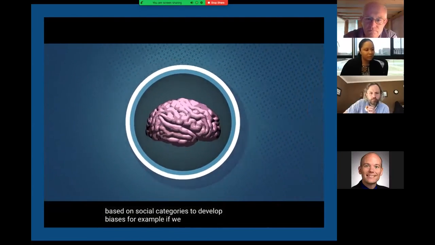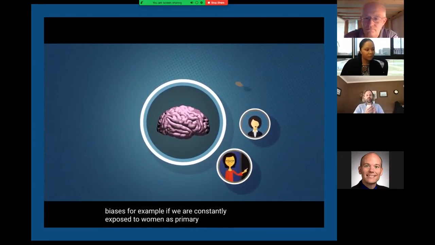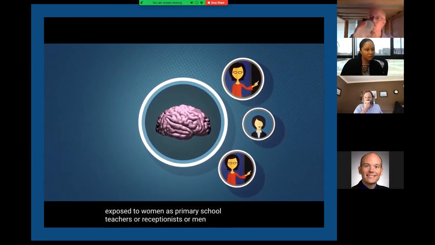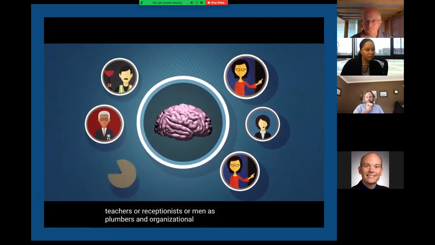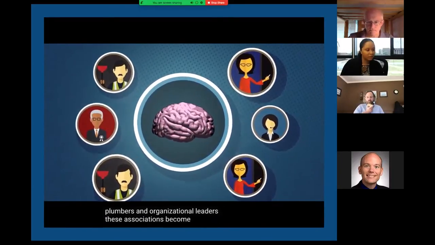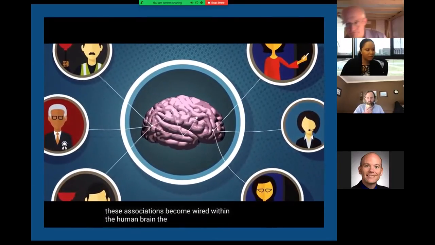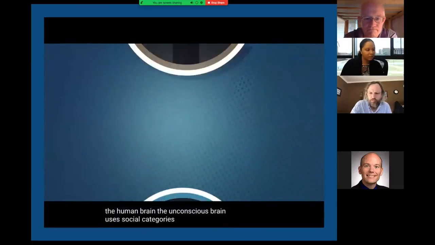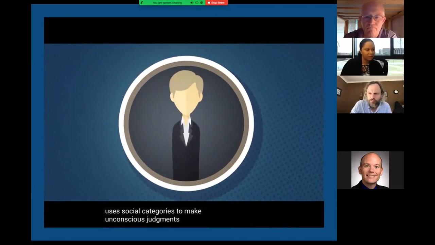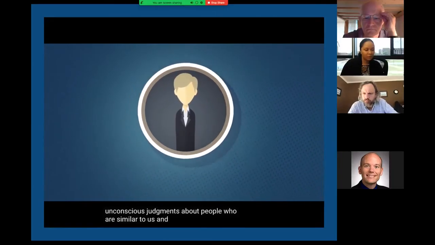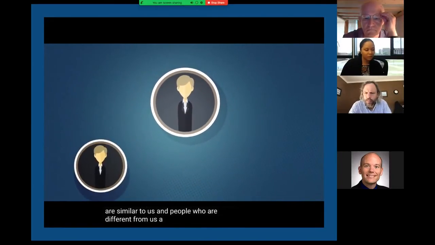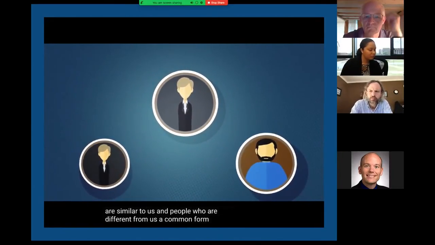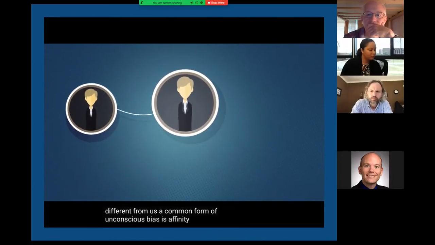For example, if we are constantly exposed to women as primary school teachers or receptionists, or men as plumbers and organizational leaders, these associations become wired within the human brain. The unconscious brain uses social categories to make unconscious judgments about people who are similar to us and people who are different from us. A common form of unconscious bias is affinity bias.